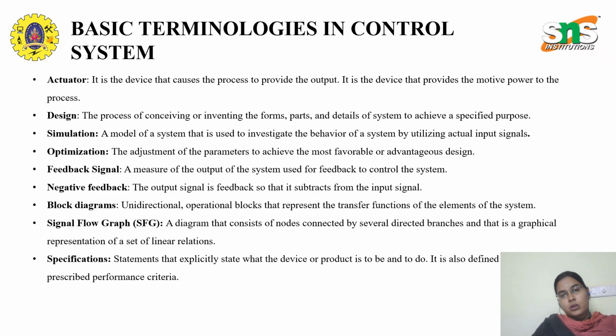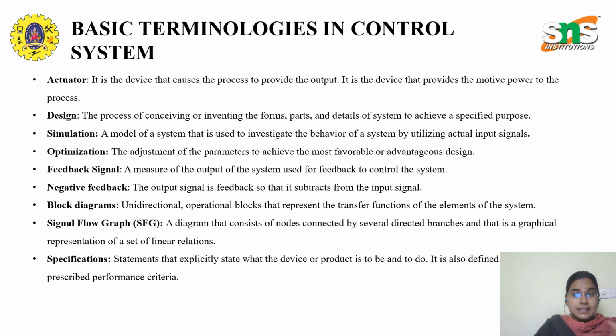Simulation is a model of the system that is used to investigate the behavior, and this simulation we will study in the upcoming chapters and series. Optimization is just an adjustment of the parameters according to our most favorable targets or specifications.